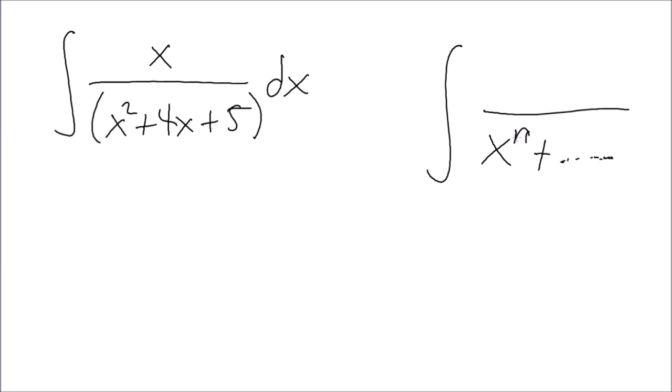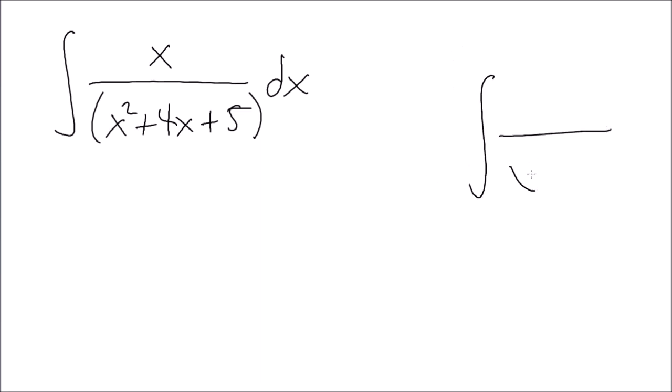polynomial, right? If it's a quadratic polynomial, if it was x squared plus something, and there's a constant, oh, cool, complete the square. If it was a linear function, that's even better. We just do ln. If it was cubic, though, that's a whole different story. And most of the times, you won't get that.